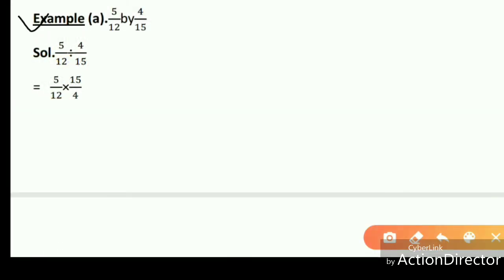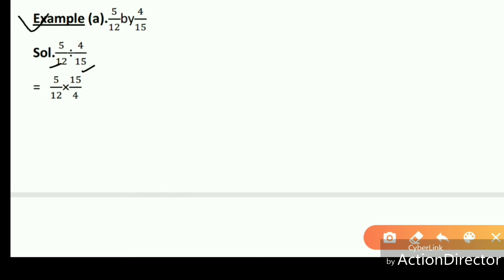Now, example number A, 5 upon 12 divided by 4 upon 15. So we change this 4 upon 15. This 4 is the numerator here, so it converts into the denominator, and this 15 is the denominator here, so it converts into the numerator.